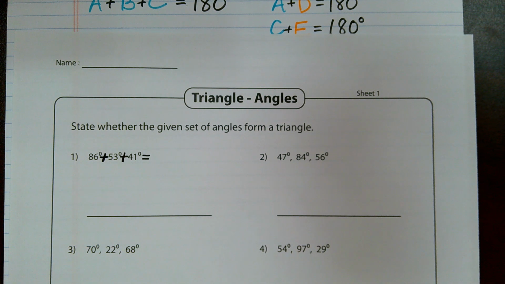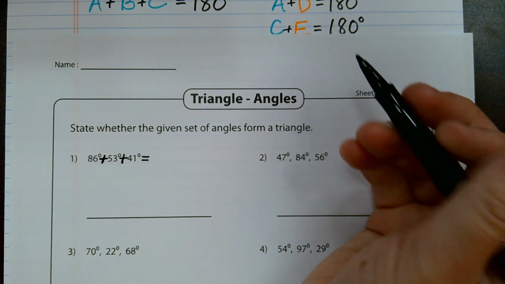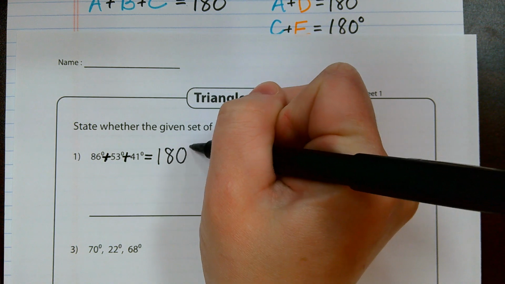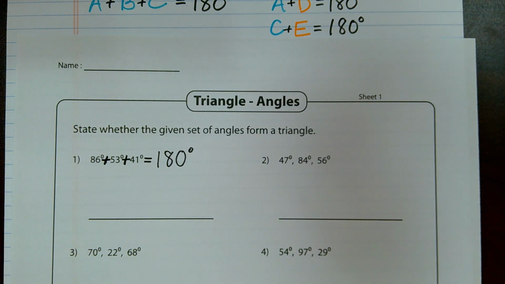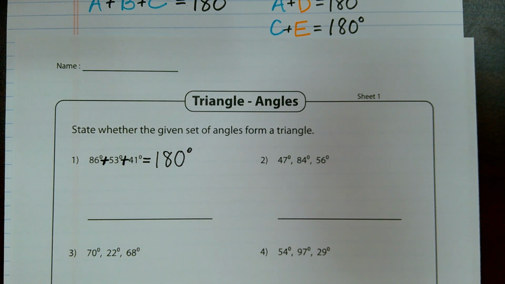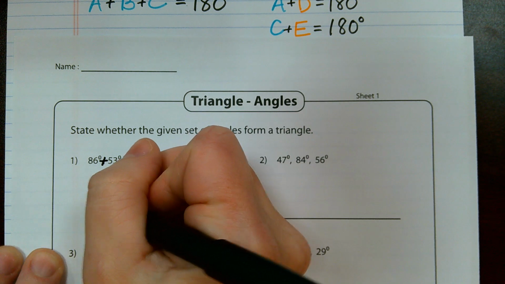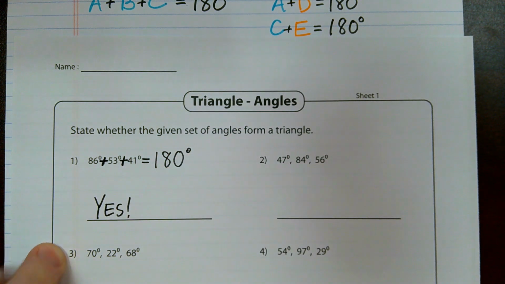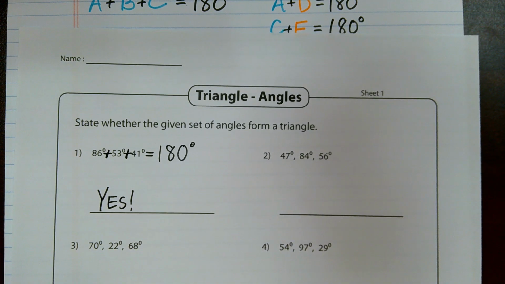You tell me what you guys get. 180. Okay, so when I add those angles up together, I get 180 degrees. So could these be the angles in a triangle? Yes, they could. So we're going to write yes. Perfect. How about number 2?